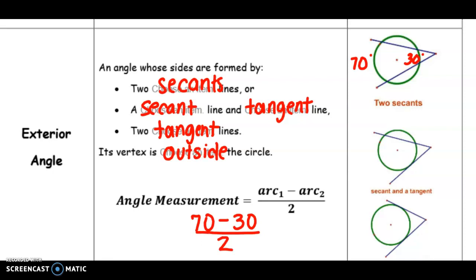Make sure that you simplify your numerator first. 70 minus 30 is equal to 40. 40 divided by 2 is equal to 20 degrees. Therefore, the exterior angle, which is the angle on the outside, is equal to 20 degrees. The same formula can be applied for a secant and a tangent line or two tangent lines.